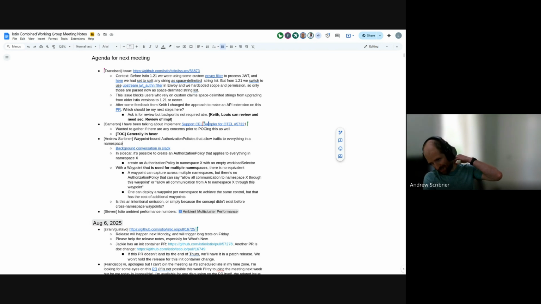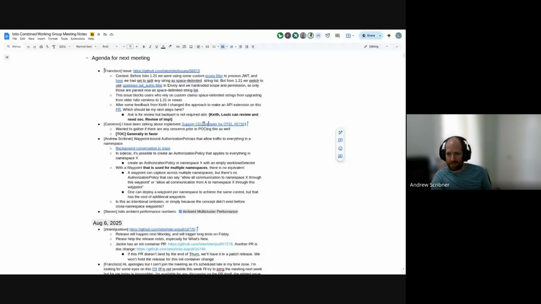Okay, so I'm the proxy because a colleague of mine who is really asking this is not awake anymore. But the basic idea is looking into using a cross namespace waypoint and then using authorization policies. In sidecar, there'd be the concept of a policy with no workload selector that is namespaced, so it applies to all pods in the namespace.